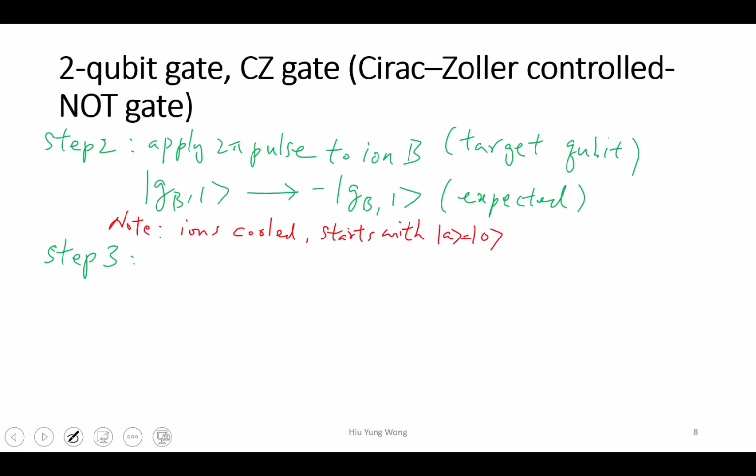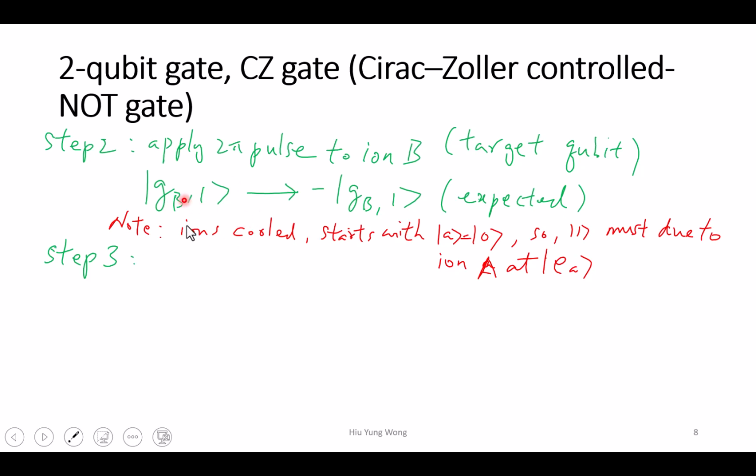How can I get 1? The whole system was cooled to the 0 state, there should be no phonon.